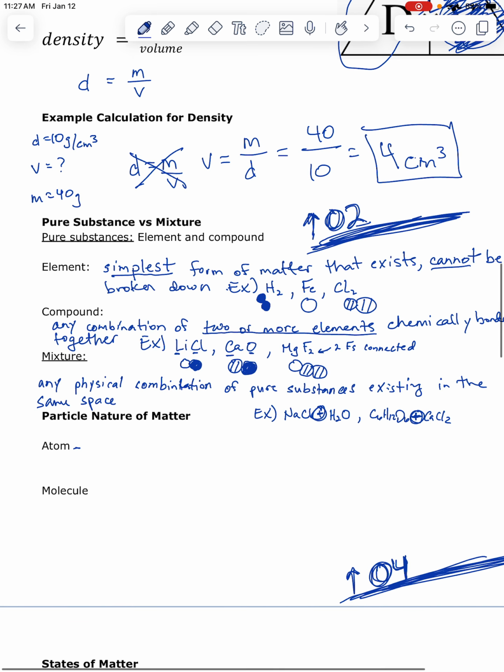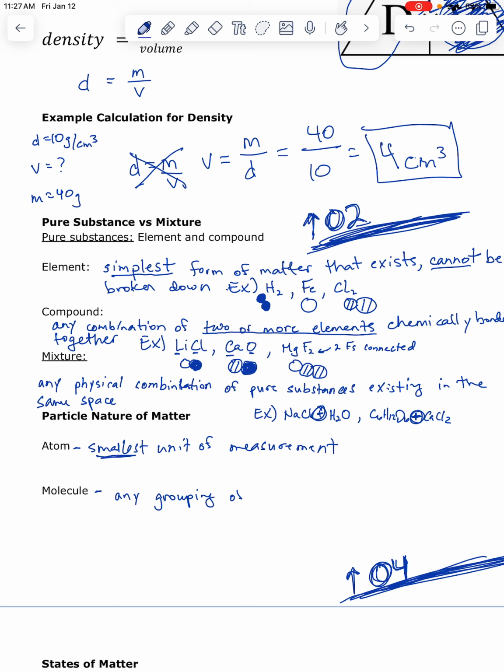An atom is the smallest unit of measurement, and you'll see what that looks like here shortly. Molecules is any group of atoms bonded together.